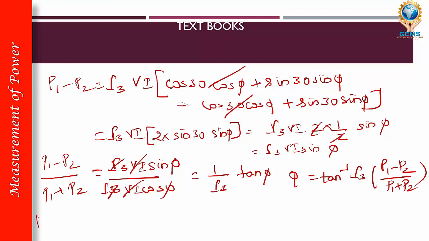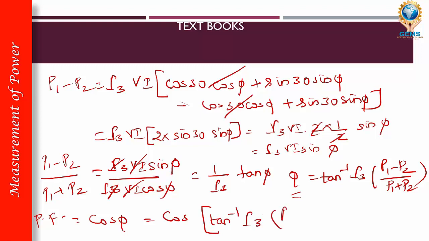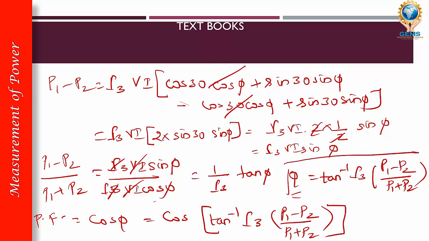And power factor is cos phi, which means cos of tan inverse of root 3 (P1 minus P2) divided by (P1 plus P2). If you want to find the angle between voltage and current, I use this formula. And if I want to find the power factor, I use this formula.